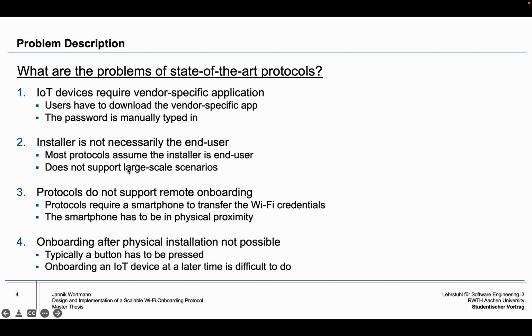And fourth, onboarding after physical installation isn't possible because usually a button has to be pressed, which makes onboarding IoT devices at a later time very difficult because devices are usually installed in hard-to-reach locations. For example, a sensor under the ceiling can't be reached that easily.